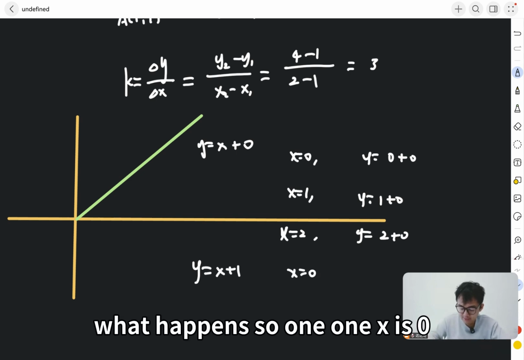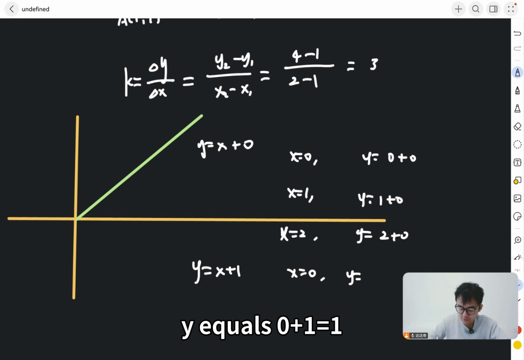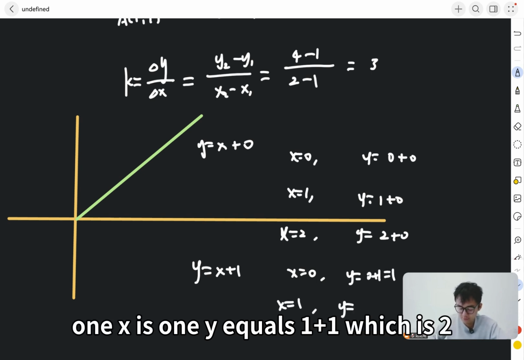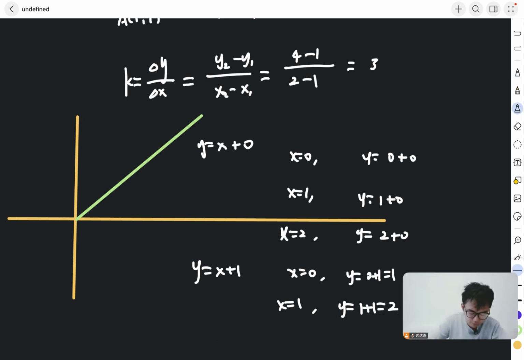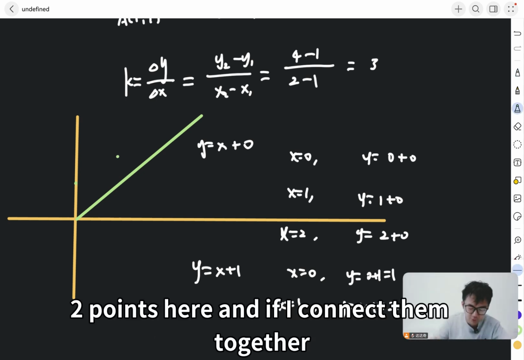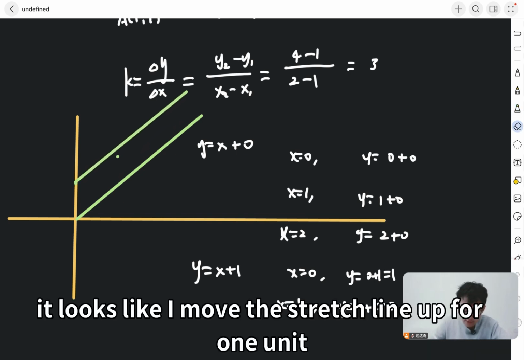When x is 0, y equals 0 plus 1, which is 1, and when x is 1, y equals 1 plus 1, which is 2. So we'll see, if we plot these 2 points and connect them together, it looks like I moved the straight line up by 1 unit.